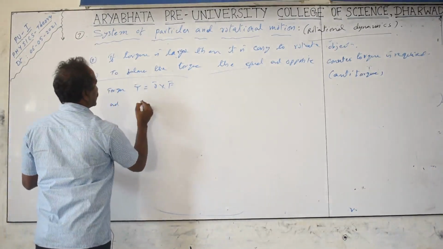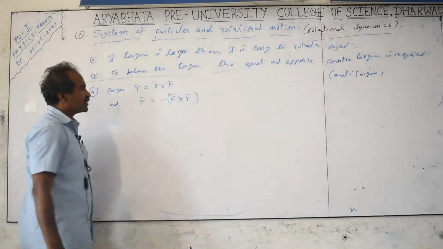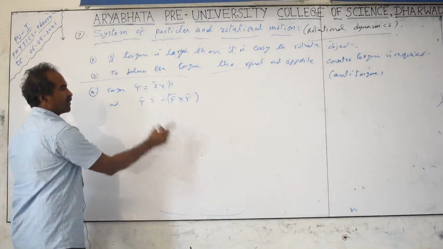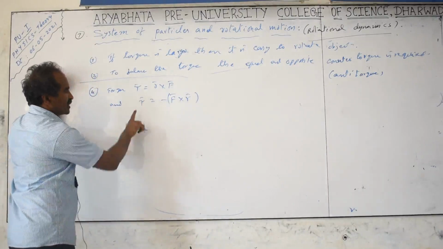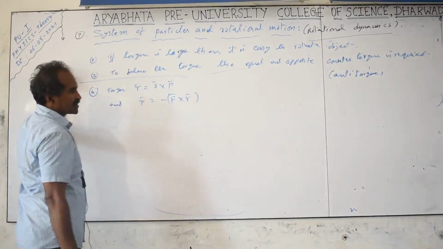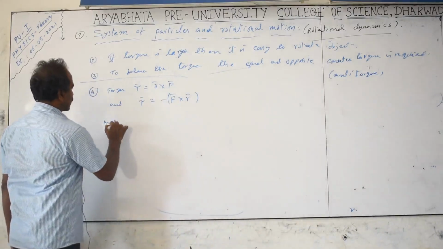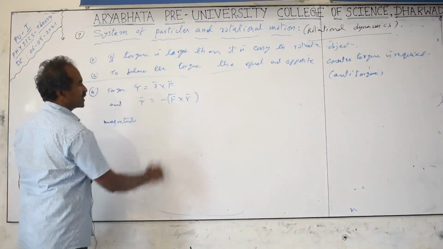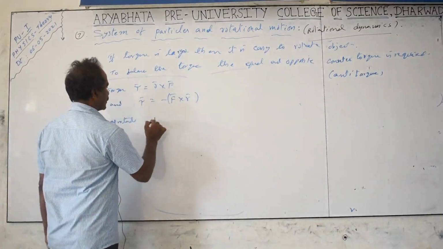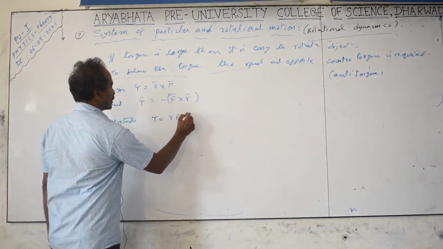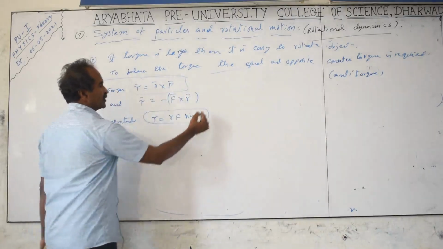Then tau equals minus F cross R, since A cross B equals minus of B cross A, which means you will get minus tau, equal and opposite direction. Negative in a vector indicates the opposite direction. In magnitude, whether you take R cross F or F cross R, it becomes equal to R F sin theta. These two formulas you need to remember, and they are required for numericals.